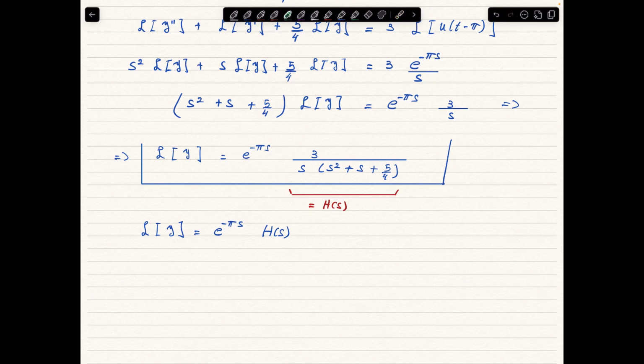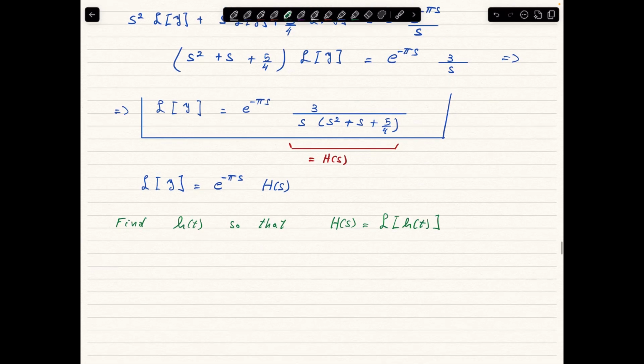Well, because now what we need to do is find a function small h of t so that the function big H is its Laplace transform. So what I'm saying is we need to work only with the rational function, not with the exponential. Because if we find this little h such that the Laplace transform is big H, then actually we have solved the problem.